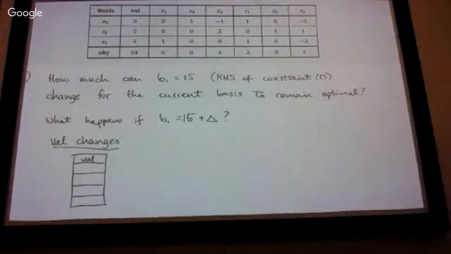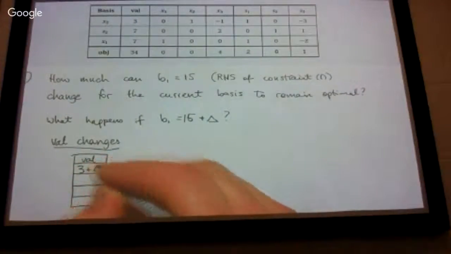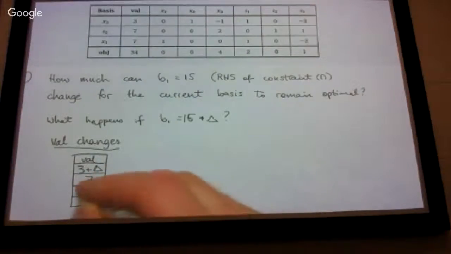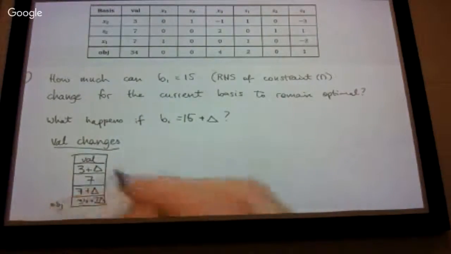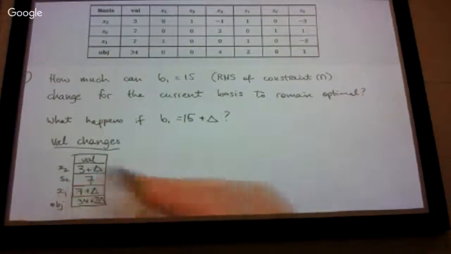So what we're getting is 3 plus delta. This stays 7. 7 plus delta, and 34 plus 2 delta is in the objective row. This is obj. This is x2, s2, x1.